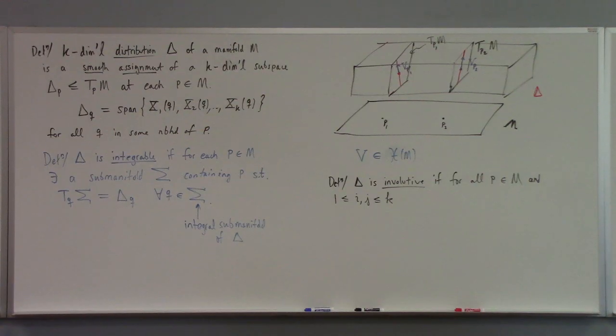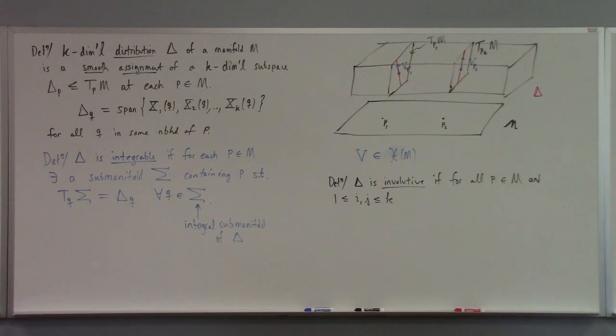But you notice he shifts here from saying it's a smooth assignment of a k-dimensional subspace to talking about the generating vector fields. The smooth assignment of a subspace is kind of an ethereal idea; given a set of vector fields, that's something a little more tangible for us.